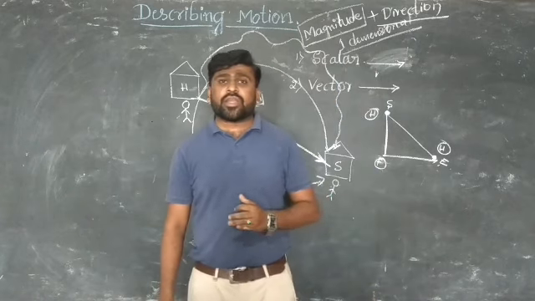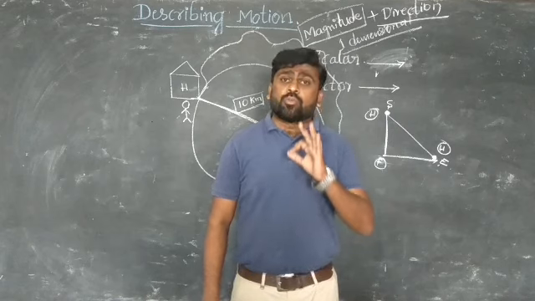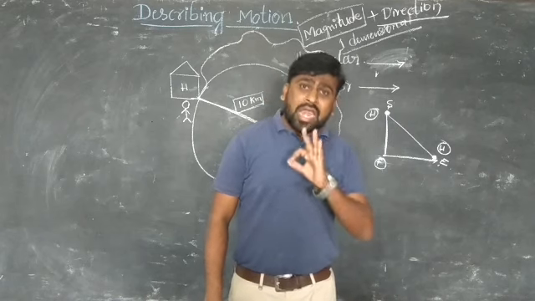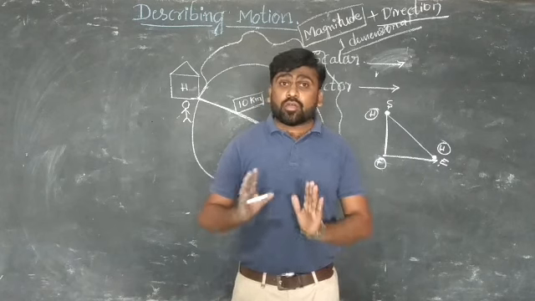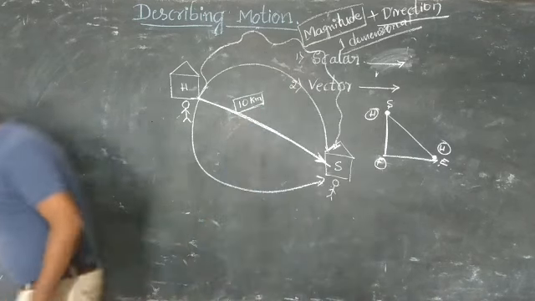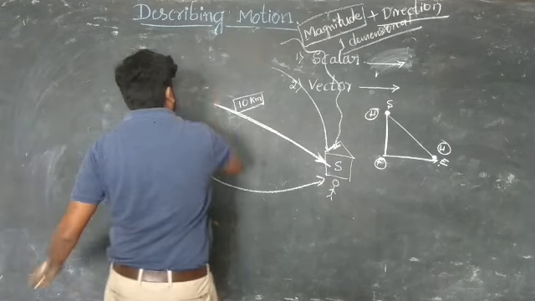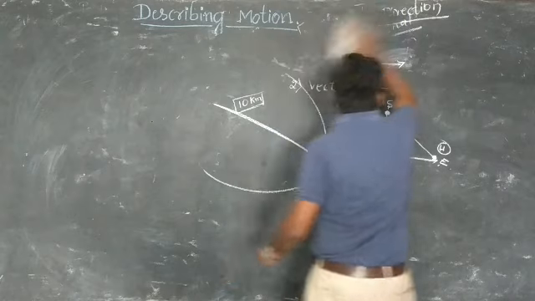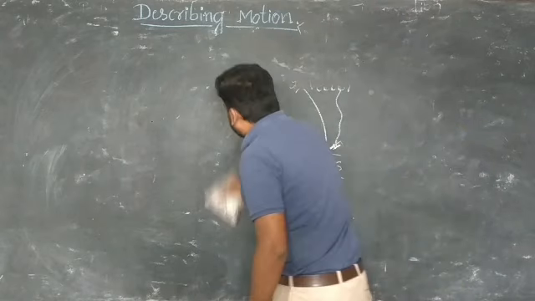Regarding the vector quantity, it is also a physical quantity which refers to both magnitude and direction. Clear? Next, the first concept regarding describing motion is distance. Another one is displacement.